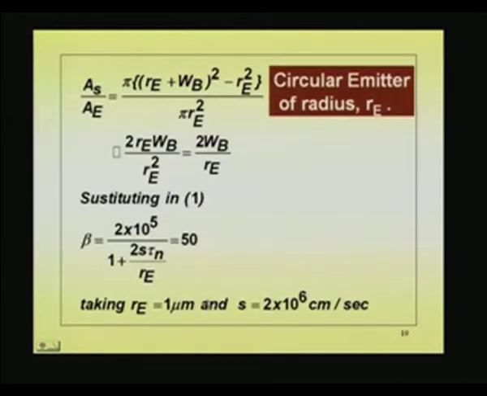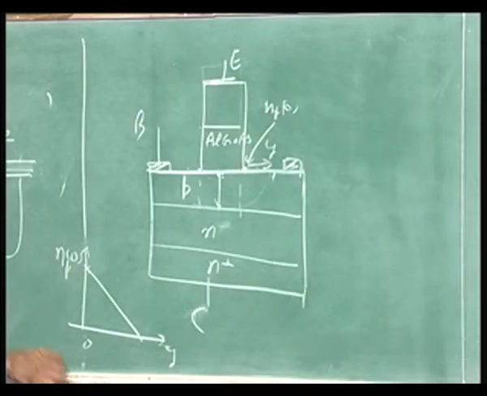Let us take a circular geometry device. Surface area is pi times Re plus Wb whole square minus Re squared, correct, because it is like this.